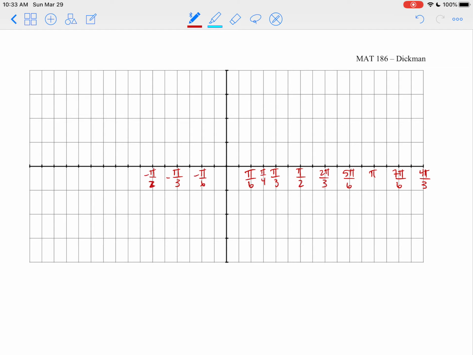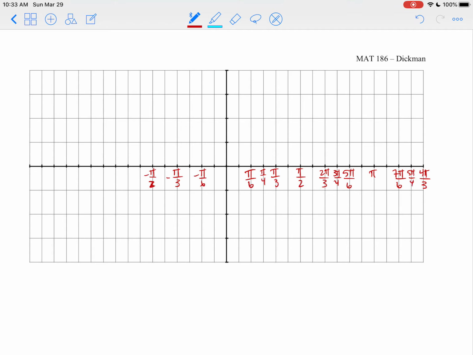So it takes 1, 2, 3 to get to pi over 4, and then another 3 to get to 2 pi over 4, which is pi over 2. And then 1, 2, 3 would be 3 pi over 4. And then another 3 would get you to 4 pi over 4, which is pi. And then 1, 2, 3 would be 5 pi over 4.